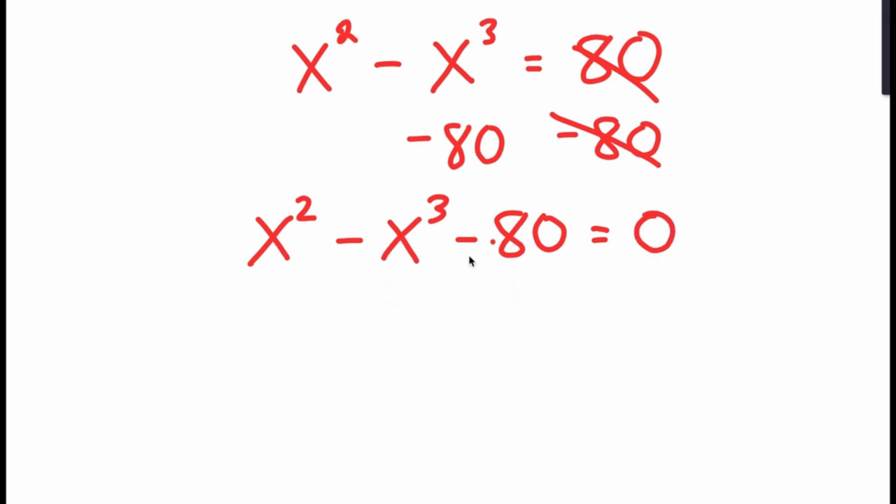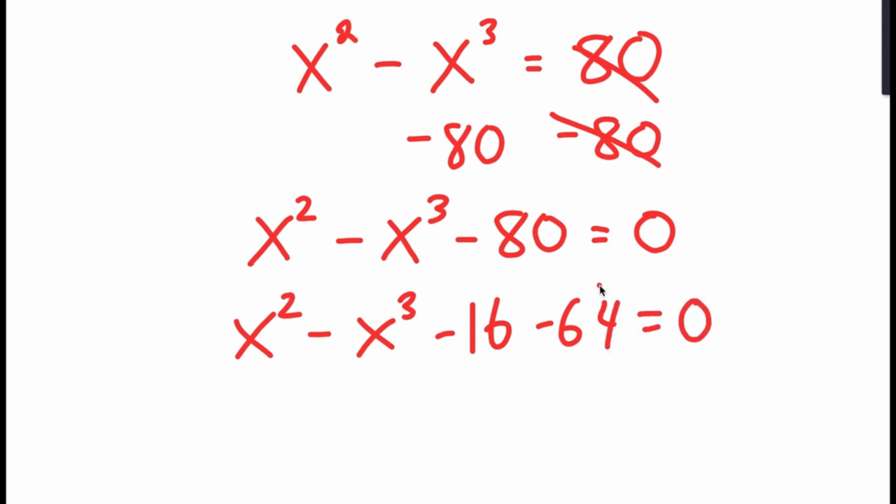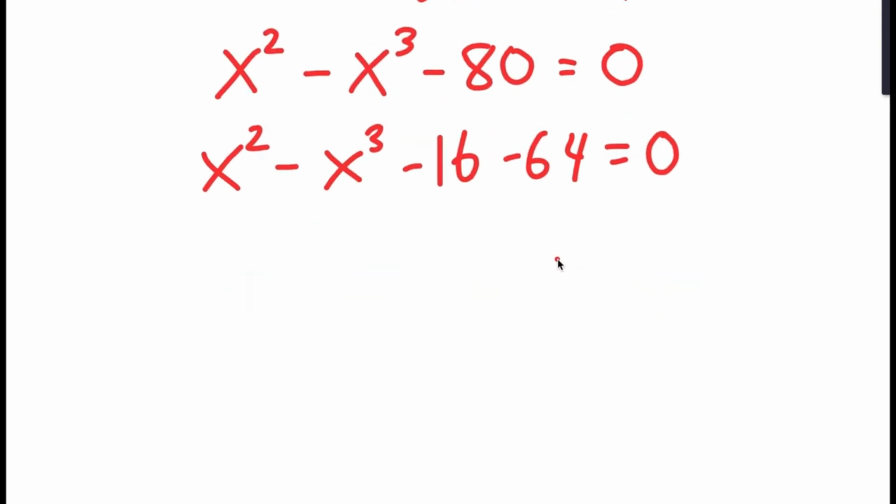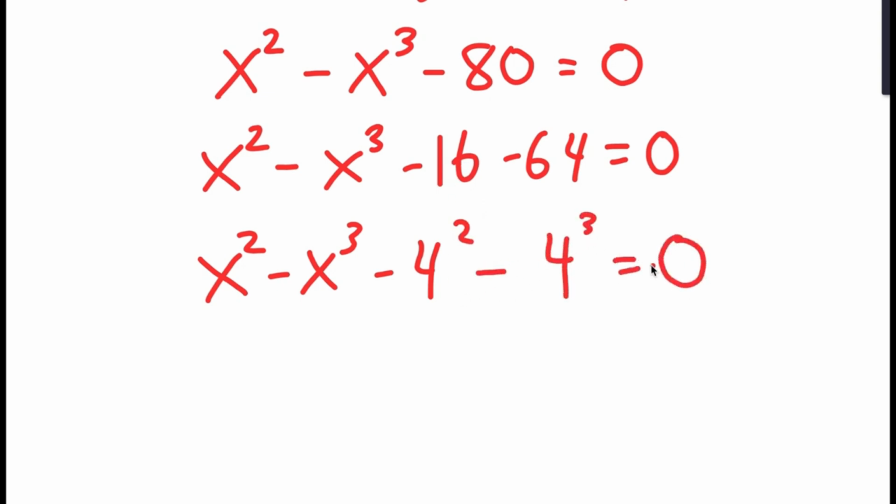Now from here, I'm going to replace negative 80 with negative 16 minus 64. I'm going to rewrite negative 16 as negative 4 squared, and negative 64 as negative 4 to the power of 3.